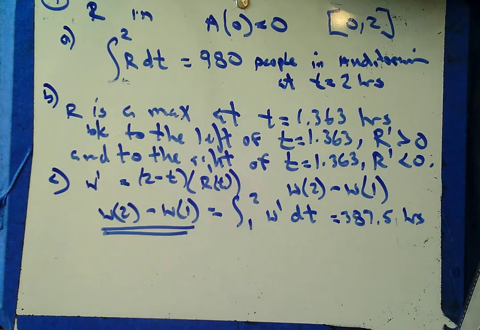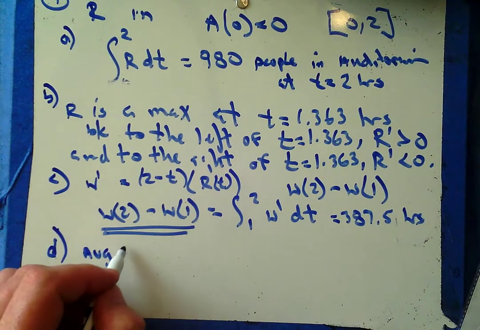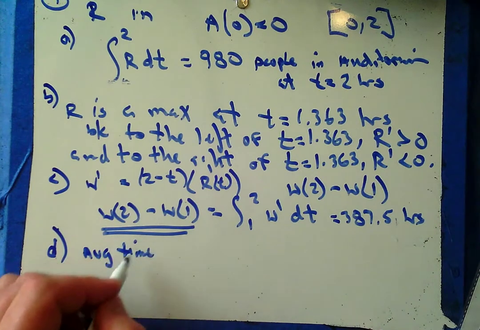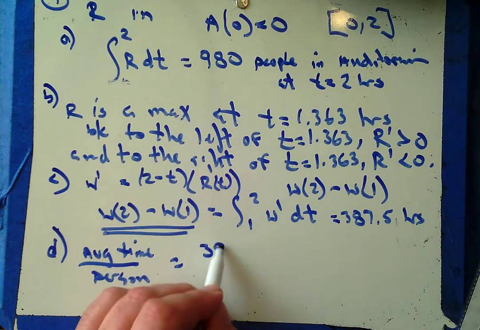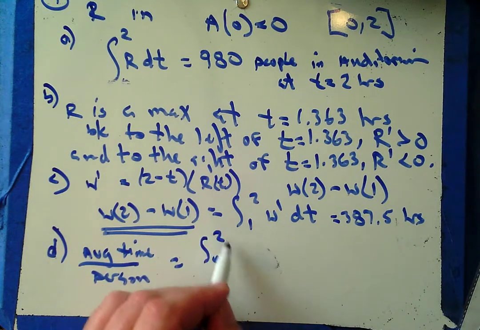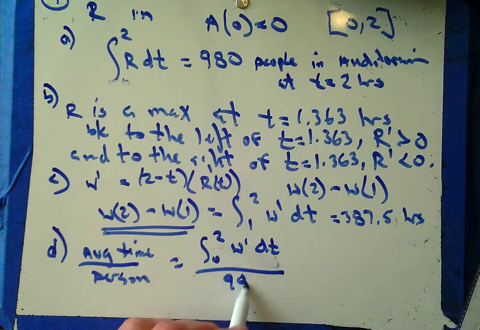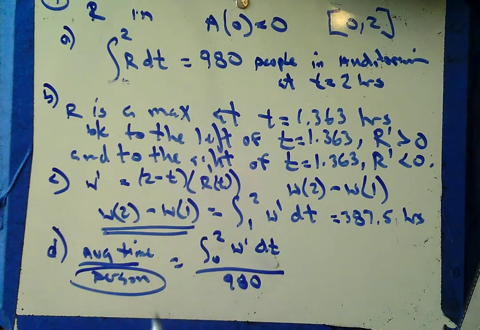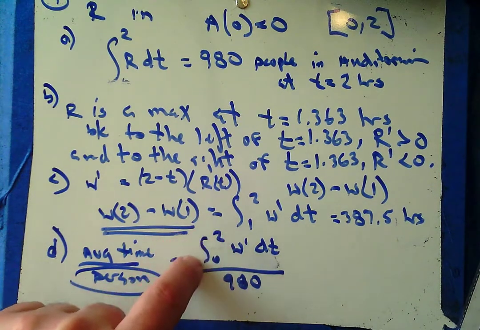Now, in part C, on average, how long does a person wait? I'm thinking about the average time per person as being that 387. Oh no, no. I want the integral from 0 to 2 of w prime divided by the 980 people waiting in line. This is kind of an average value, except the average value here would be 1 over 2 minus 0.